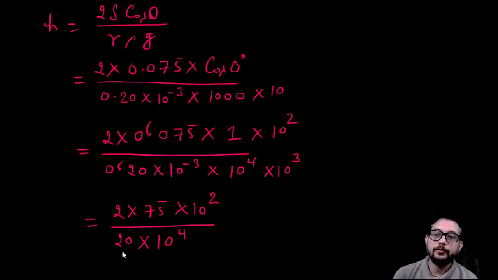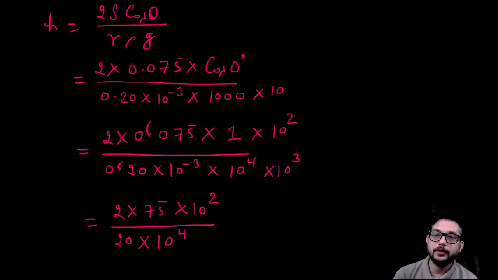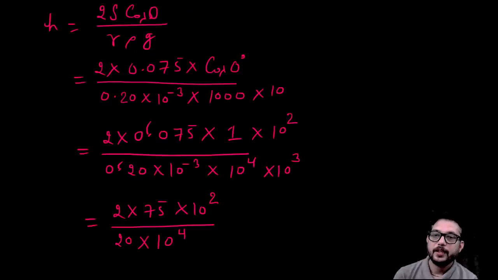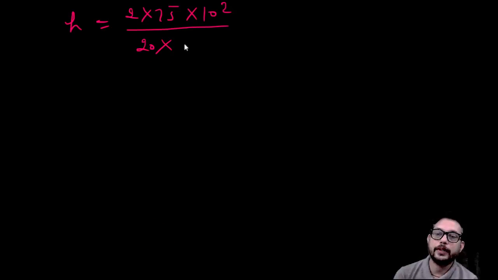So we should write it this way: 2 into 75 into 10 to the power 2, divided by 20 into 10 to the power 4.